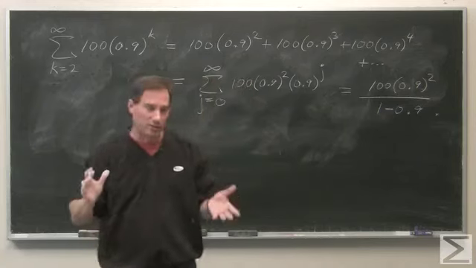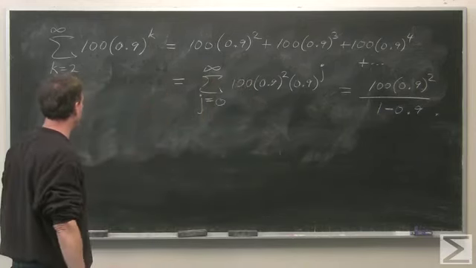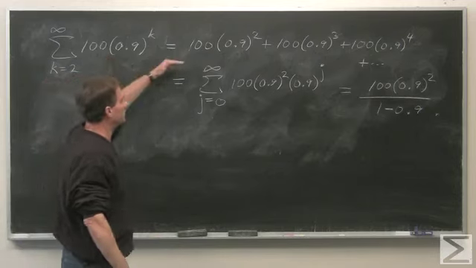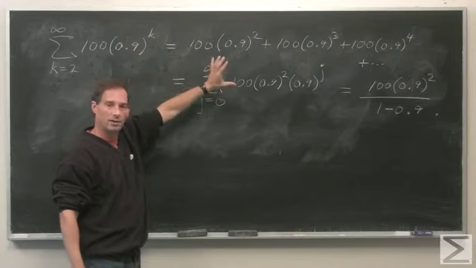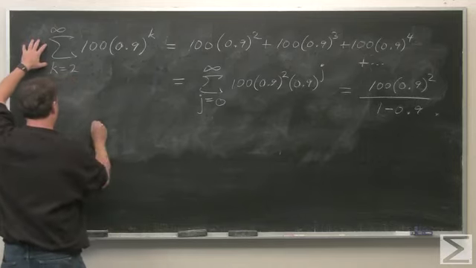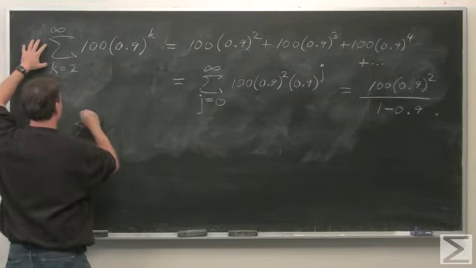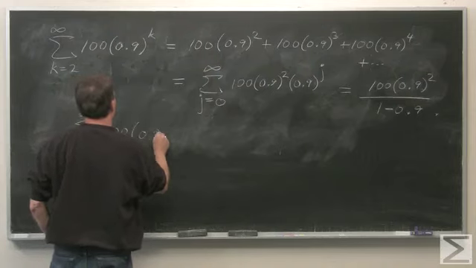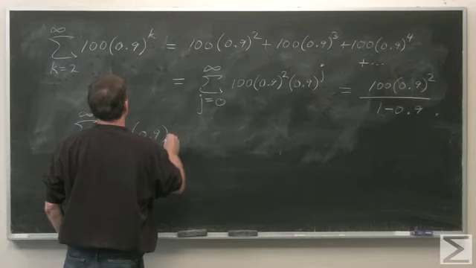This changing of indices comes up fairly often in dealing with infinite series. So let me say, if you didn't write it out and look at it and kind of redo the indexing, what could you do? So you would have the sum as k goes from 2 to infinity of 100 times 0.9 to the k.